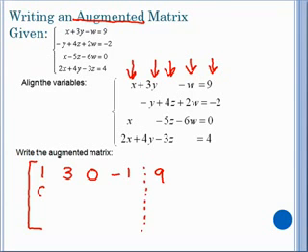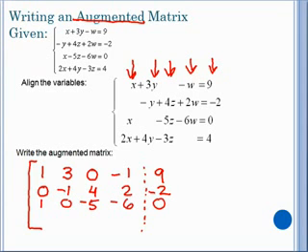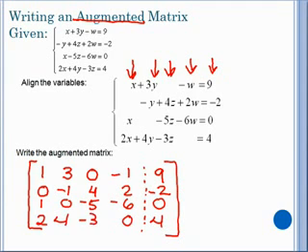Second row, we've got 0 x's, minus 1y, 4z, 2, and negative 2. Third row is 1, 0, negative 5, negative 6, and my constant is 0. And your last row is 2, 4, negative 3, 0, 4. So this is our augmented matrix for this system of equations.